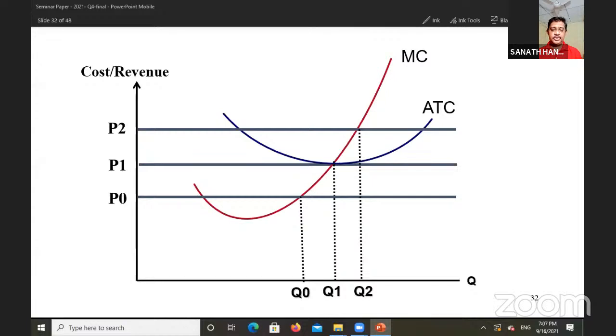If the price is P2, what is the profit type? Supernormal, abnormal. Supernormal, abnormal. Now look, when the price is P2, this is the profit maximizing point.